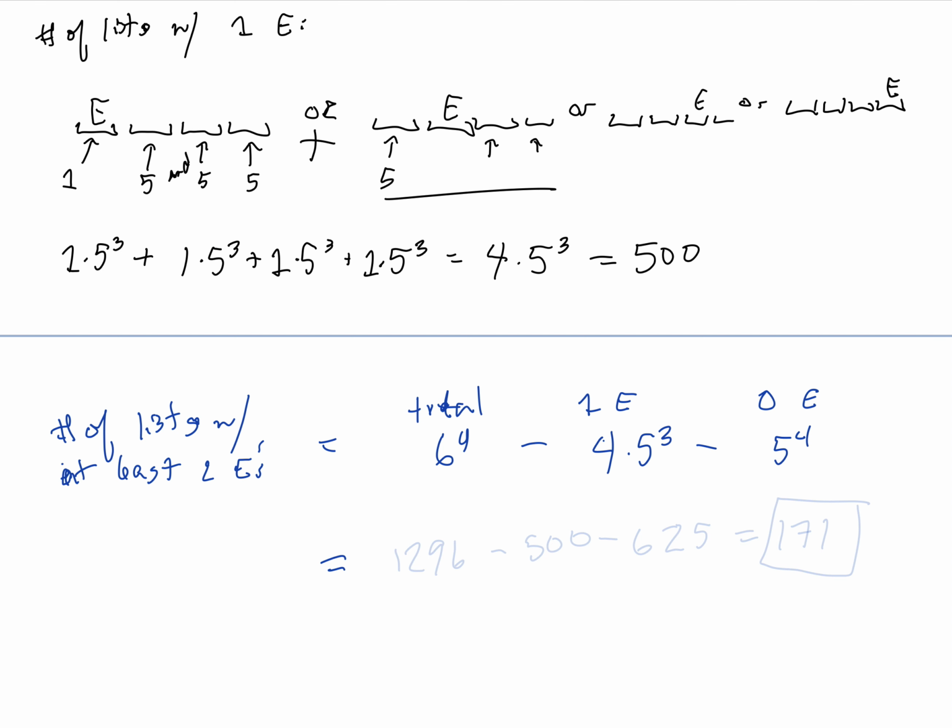And so this gives us 1296 minus 500 minus 625. And when we calculate that out, we get 171 as the number of lists of length 4 with at least 2 E's.